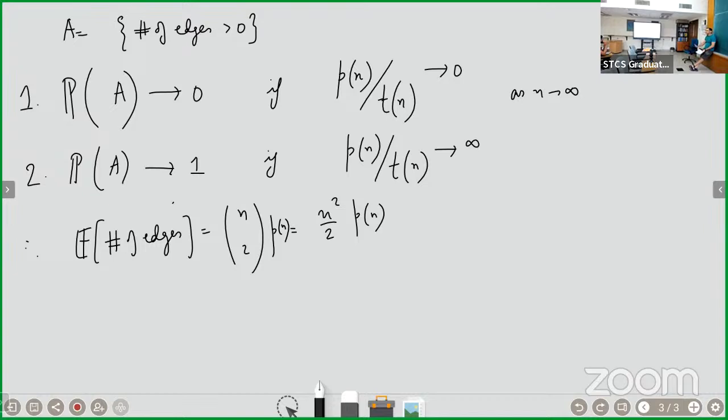The question is clear to everybody. Suppose I take P of n to be smaller than 1 by n square by 2. The expected number of edges is going to go to 0. If that happens, what happens to P of A? Goes to 0. Why? You need to give me that justification.